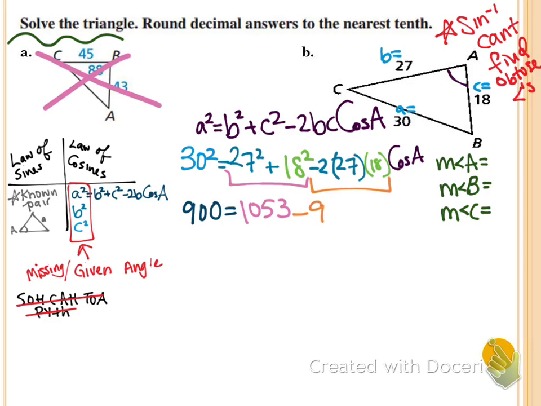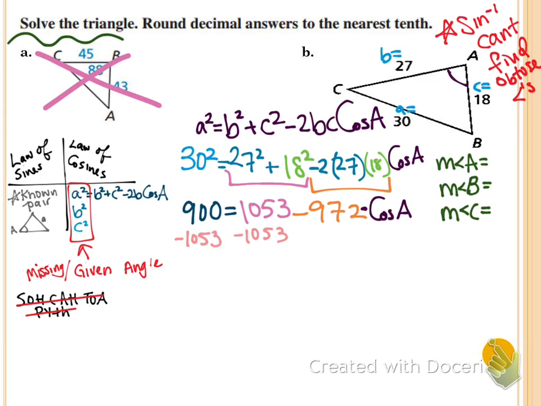We get negative 972, and then still cosine of angle A. Remember that you can't combine these two numbers together because negative 972 is attached to cosine. It's being multiplied times cosine. So we can't subtract these. What we can do is move that 1,053. We will get a negative number.